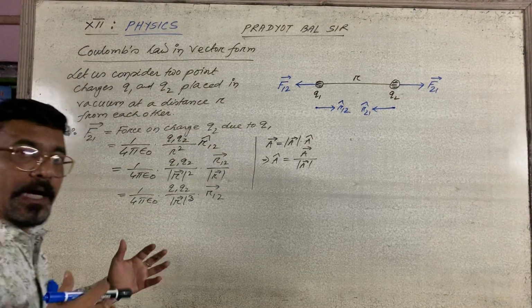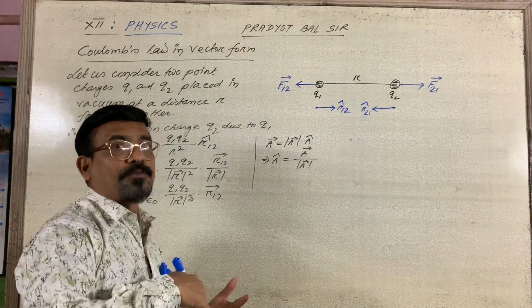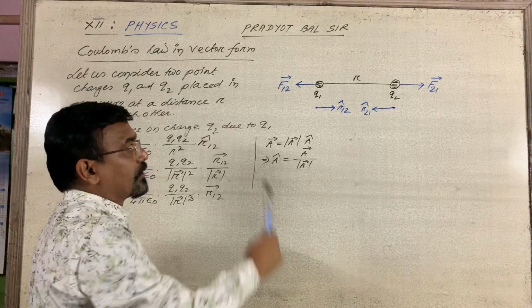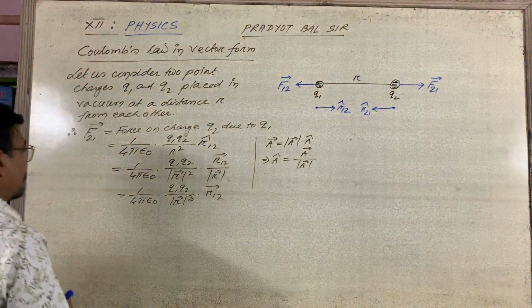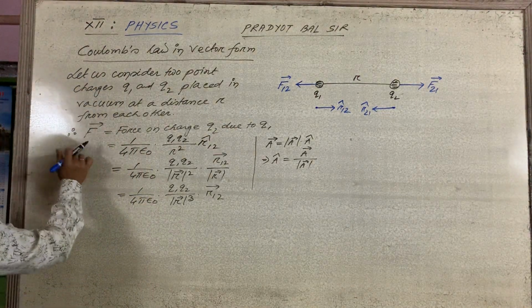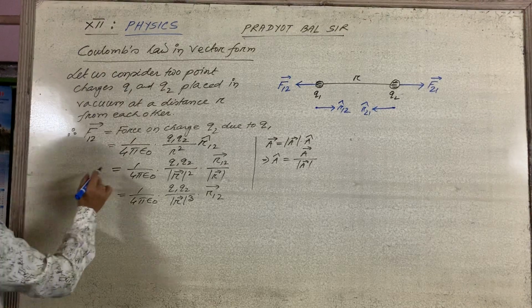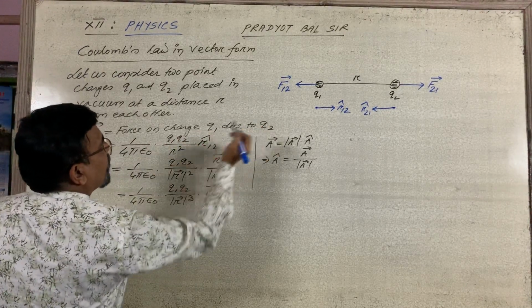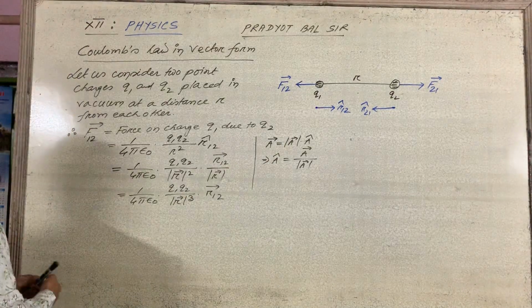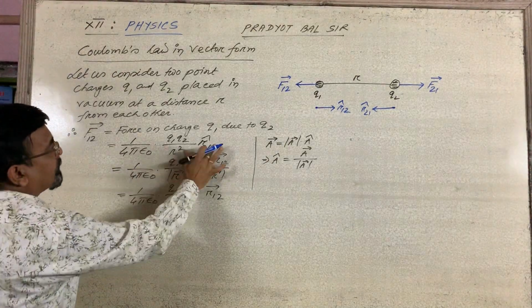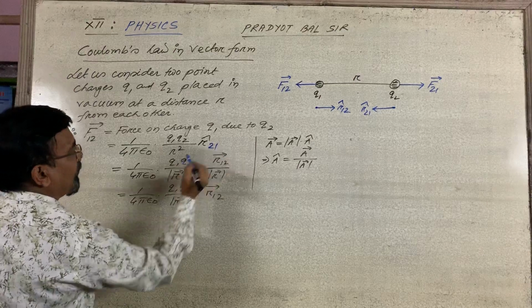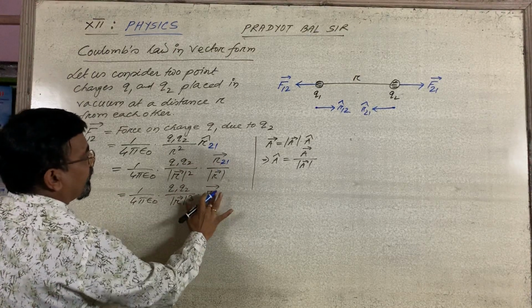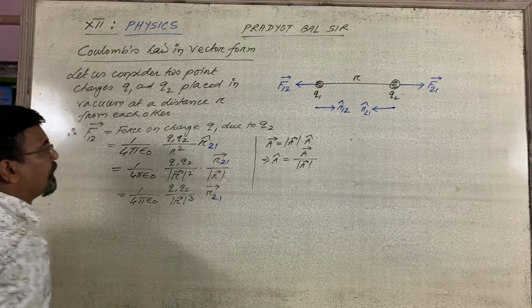Clear? Now we shall do the reverse process. That is, now the charge Q2 will exert force on the charge Q1. So again you write F12. F12 means force on charge Q1 due to charge Q2. And in that case you will get the same expression, just here it will be 2-1, here it will be 2-1, here it will be 2-1.